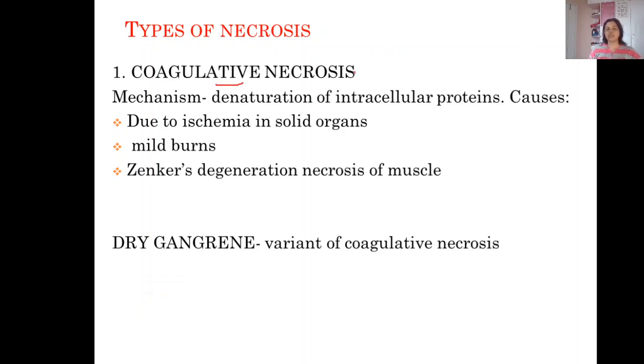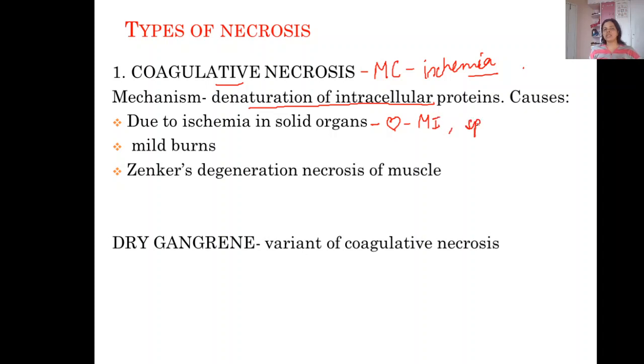Coagulative necrosis is the most common type of necrosis and is seen due to ischemia, that is a decrease in the blood supply, which leads to hypoxia. And this hypoxia causes denaturation of the intracellular proteins. This is seen due to ischemia in solid organs like the heart, where it leads to the development of myocardial infarction.